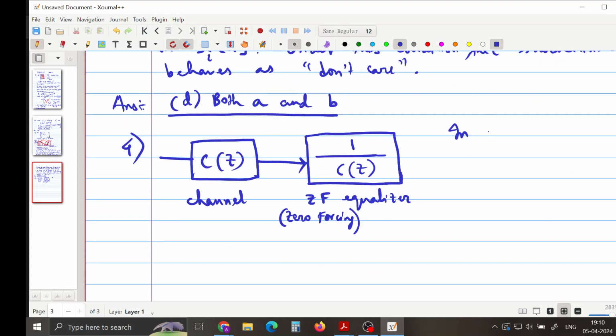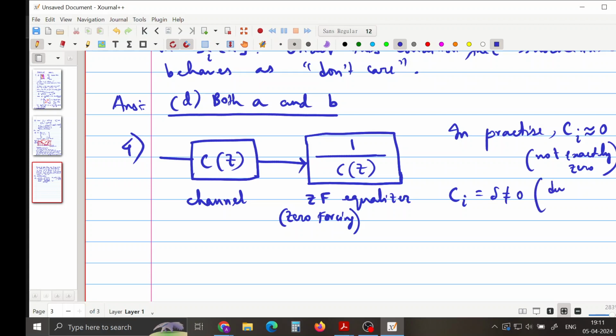In practice, Ci is actually not exactly 0, due to noise. So you can take Ci to be some delta not equal to 0, due to the presence of noise.